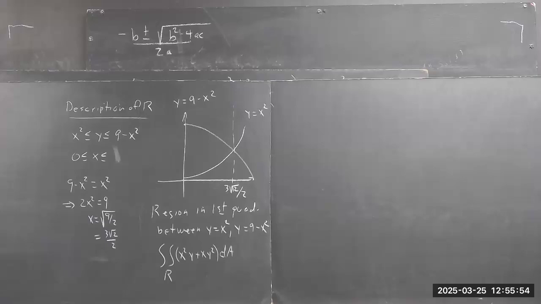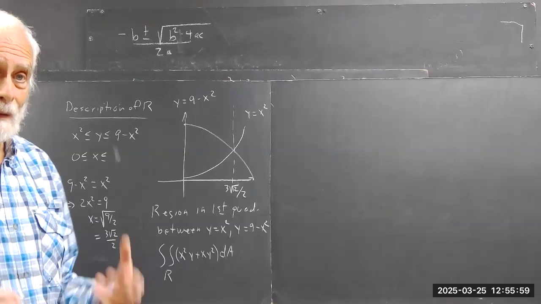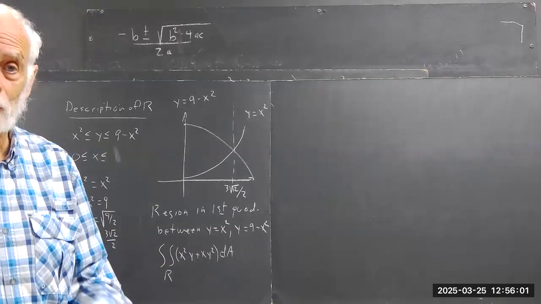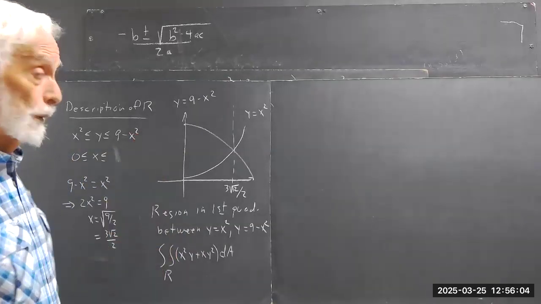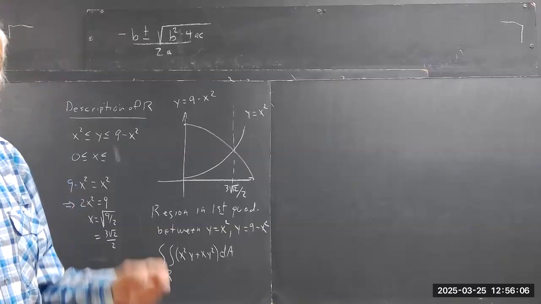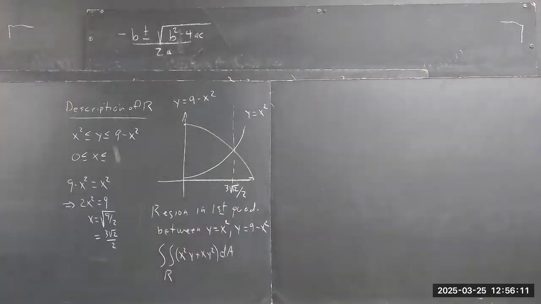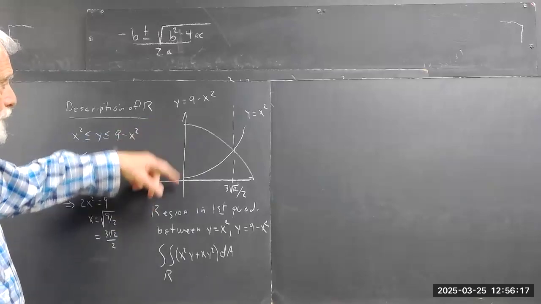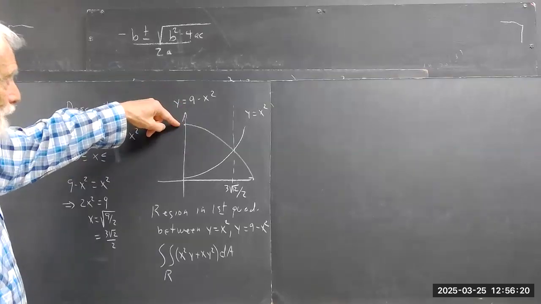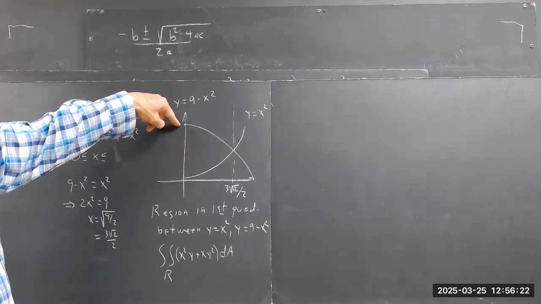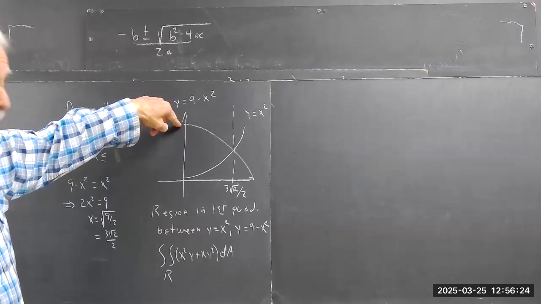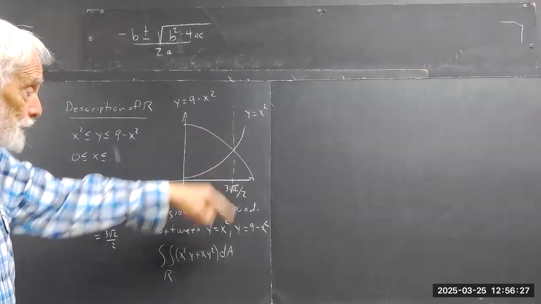Okay. I got two functions. Want to see where the graphs meet? I set the two functions equal, find the x coordinate. Then I can find the y coordinate if I need to. Turns out the y coordinate isn't going to matter, but it's going to be the square of this, which is 9 halves, which means it's symmetric because, you know, right here, the y-intercept is 9. 9 halves is here, so you have a symmetry here.